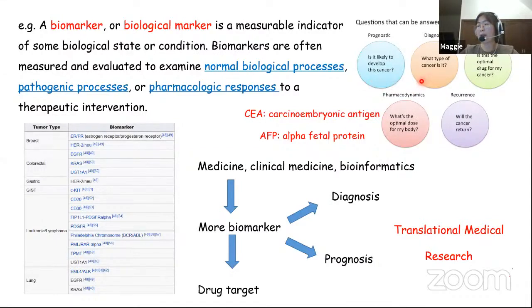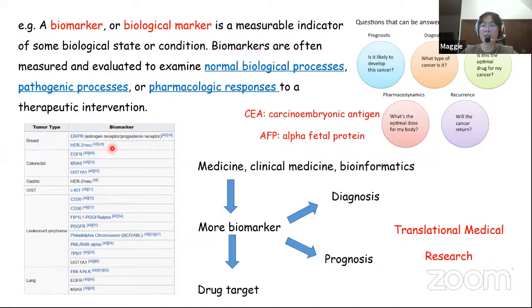And also biomarkers can be used for diagnosis. For example, specific biomarkers are related to specific cancer types. Here, this table shows some examples. First, breast cancer. For breast cancer, there are some specific biomarkers to help diagnose the development of breast cancer, for example, the estrogen receptor, progesterone receptor, or HER2.